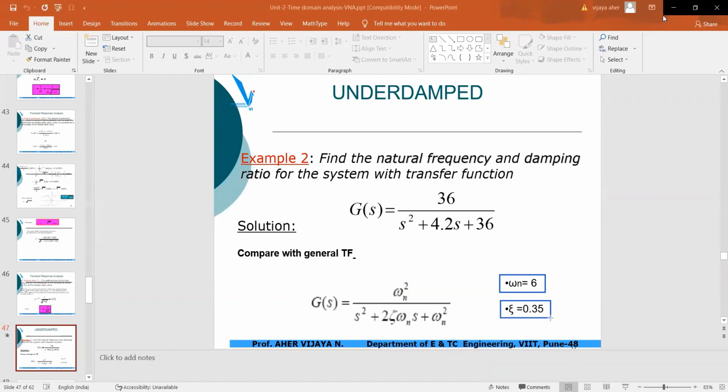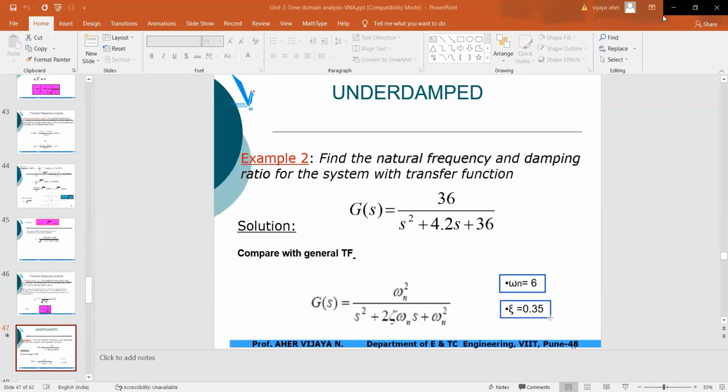Value of omega n and zeta. How much you got the value?